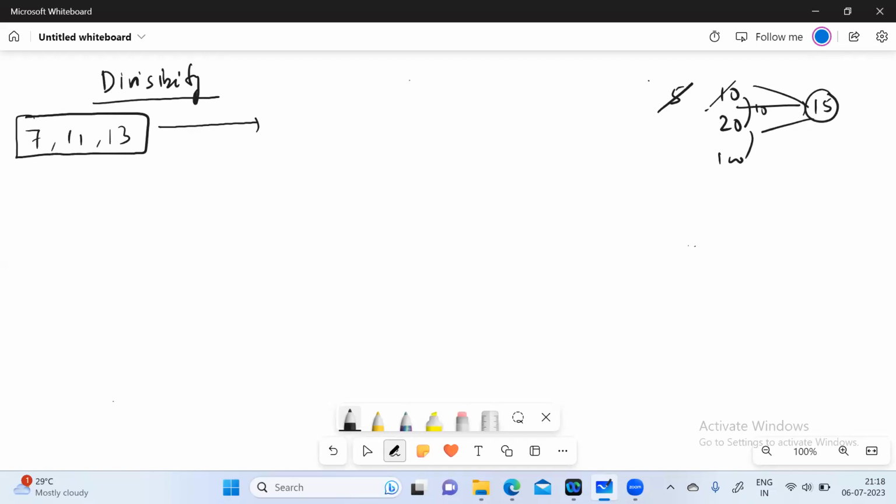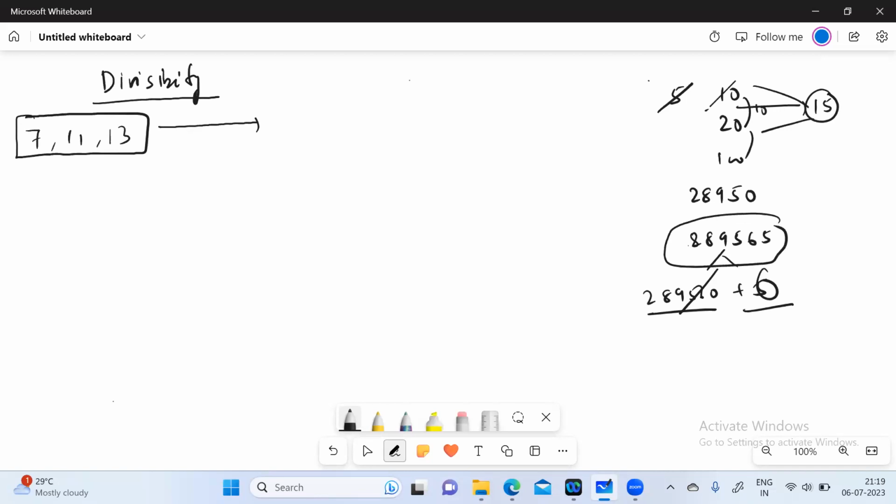So what we did here is we made a rule. 28950 will also get divided by 5. 289,565 can be broken into 289,560 plus 5, so it also gets divided by 5 and this one also. So this number also gets divided by 5. Ultimately the rule comes down to: if the unit digit is 0 or 5, the number will get divided by 5. Okay.